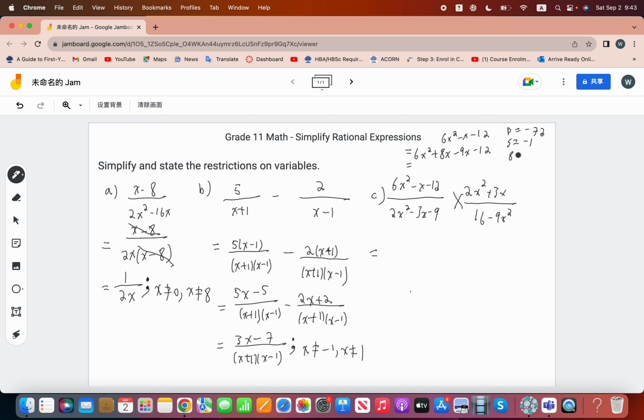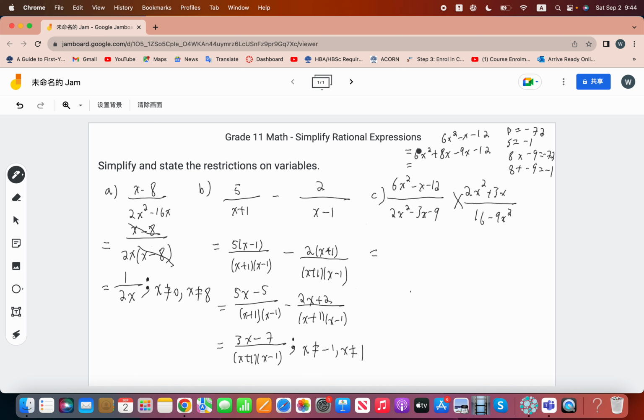So a times negative 9 equals negative 72, and a plus negative 9 equals negative 1. So a and negative 9 are the coefficients for the x values.